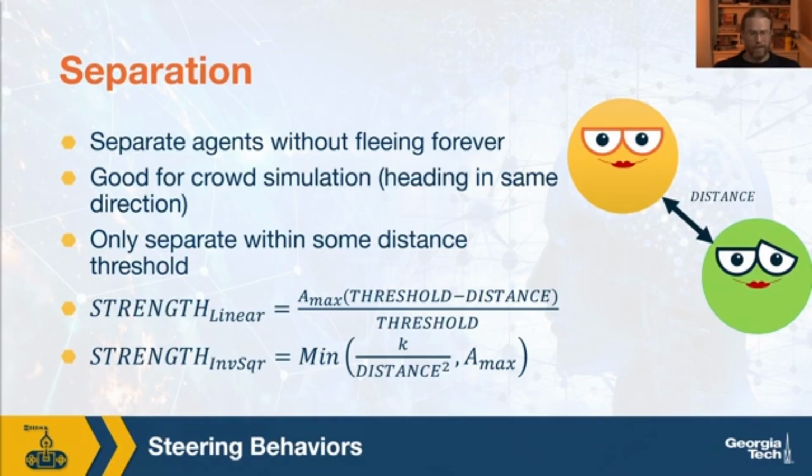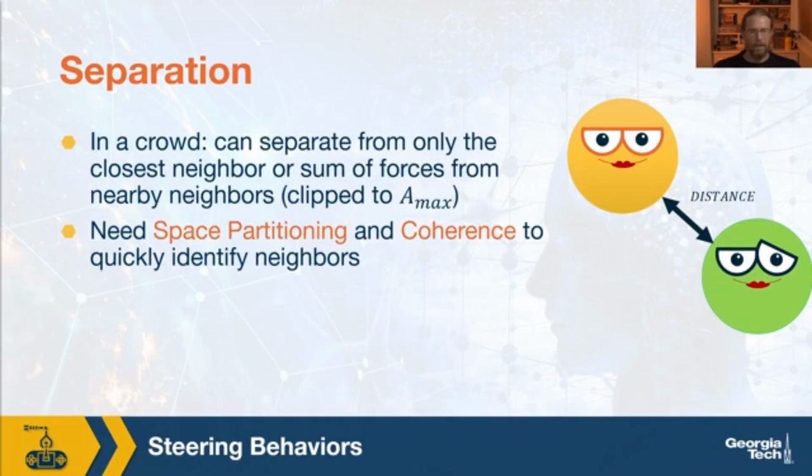Another approach we can take is inverse square. Here we take the minimum of either the maximum acceleration or a coefficient k over the distance squared. Depending on which of those we use, we can come up with different behaviors.